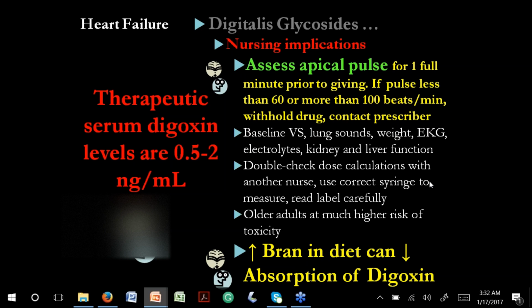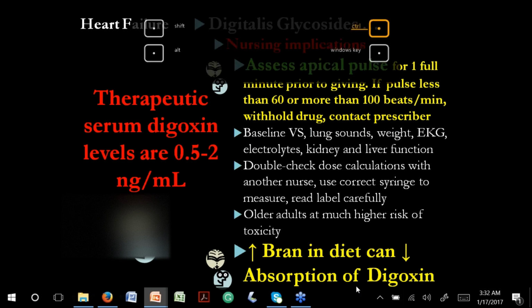So that is the therapeutic serum range in blood of digoxin, 0.5 to 2 nanograms per cc.